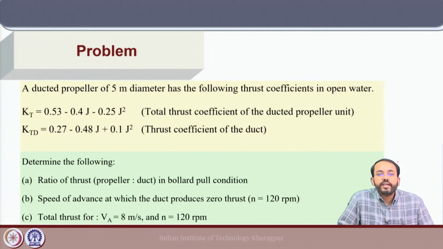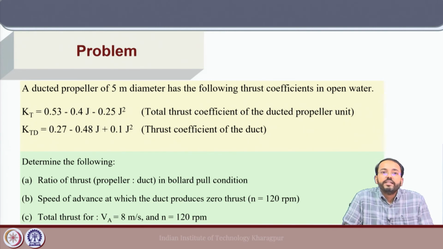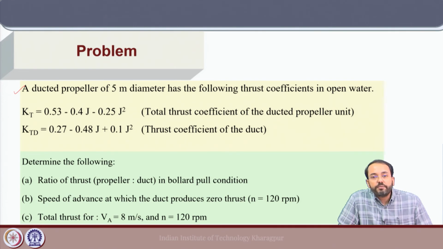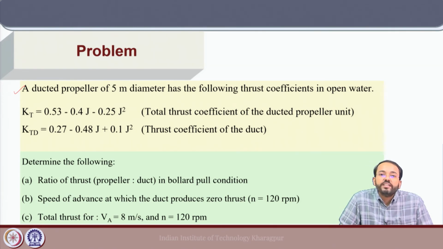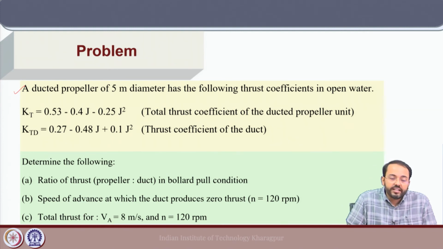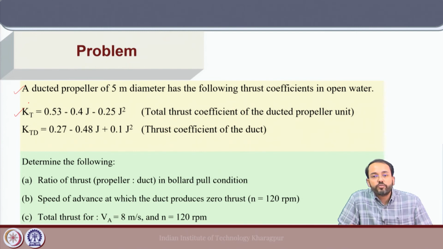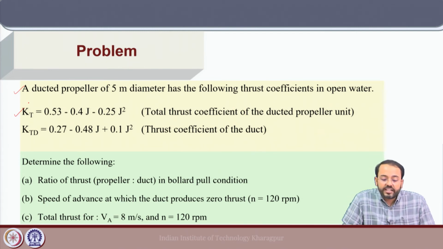Let us look into a simple problem for ducted propeller in open water. So, here we have a ducted propeller of 5 meter diameter and the thrust coefficients in open water are given. First, we have the total thrust coefficient of the ducted propeller.